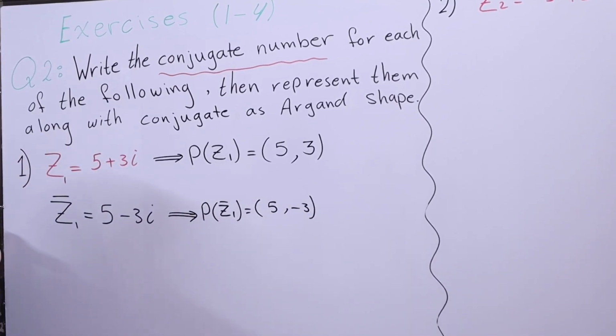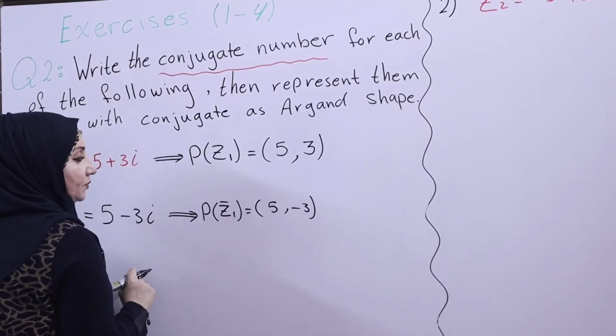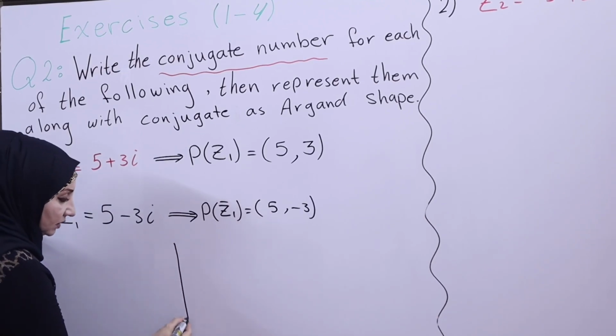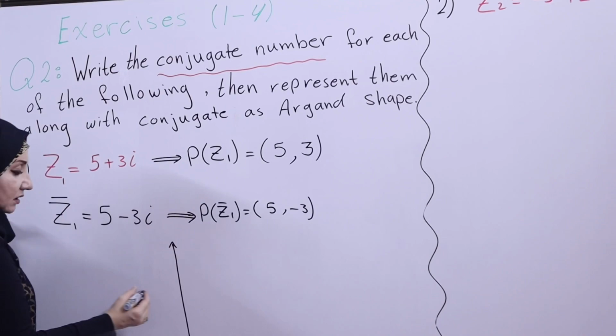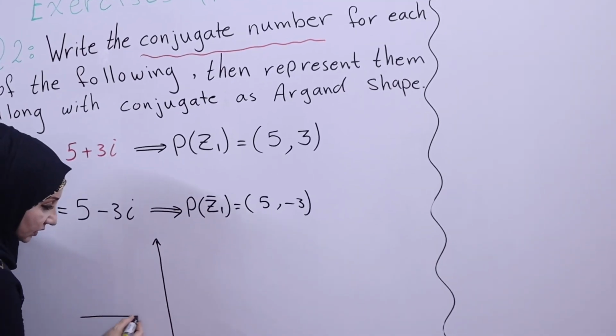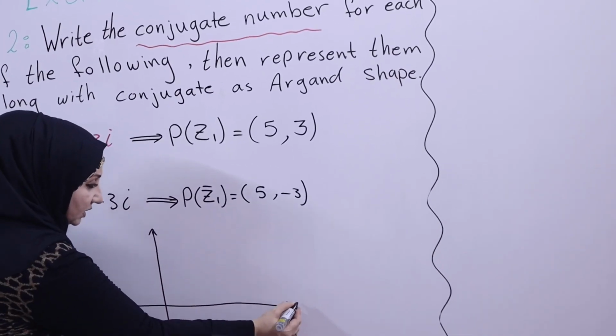And now we can represent these 2 points in the coordinate plane. So we draw the vertical axis and the horizontal axis.